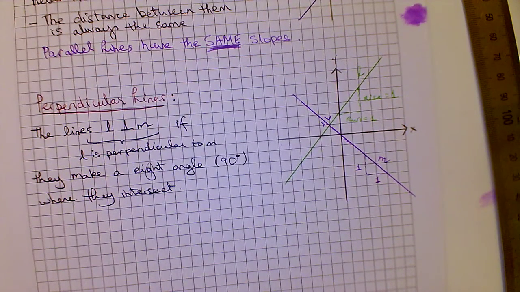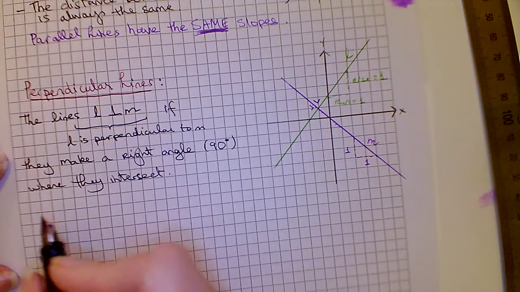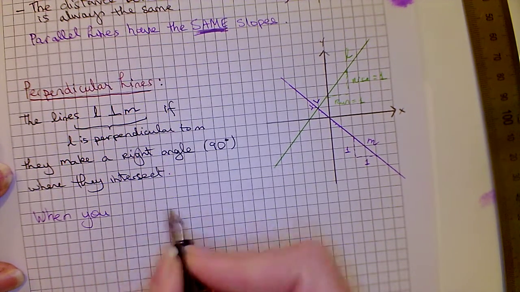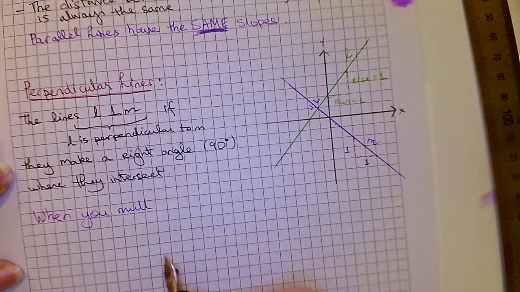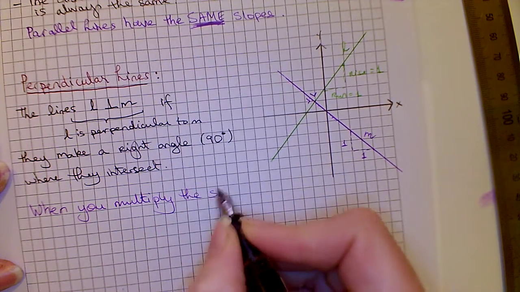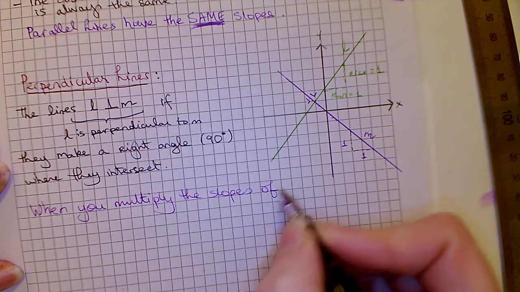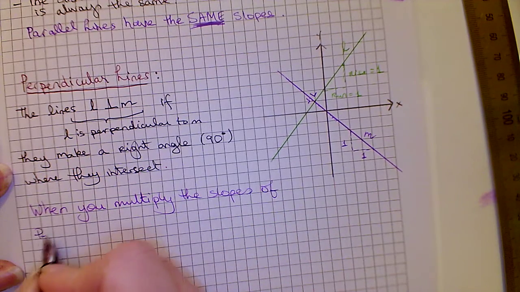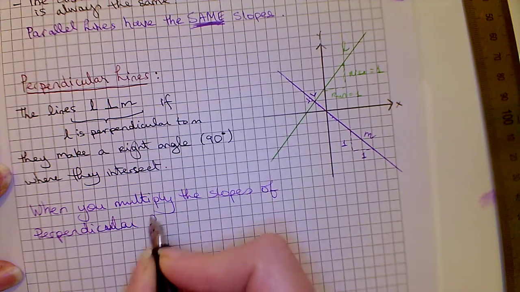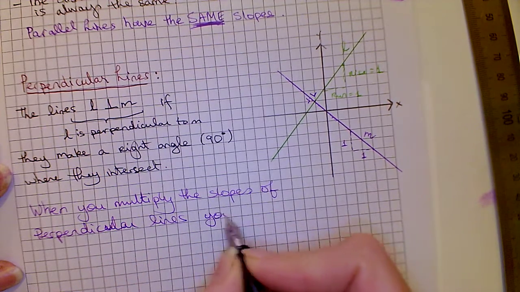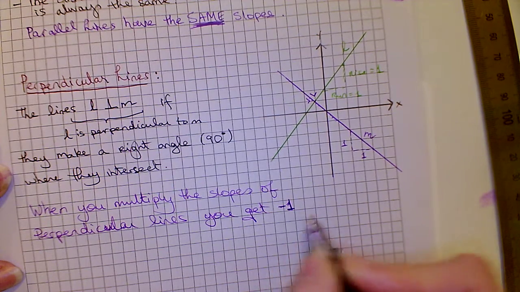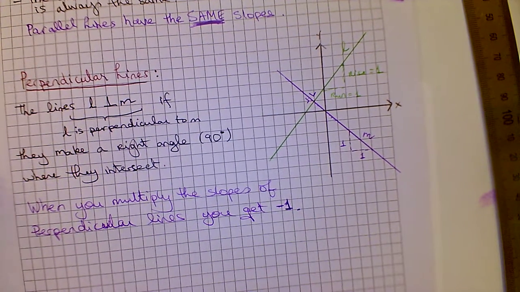When you multiply the slopes of perpendicular lines together, you will always get -1. Always, always, always. And that's a fact.